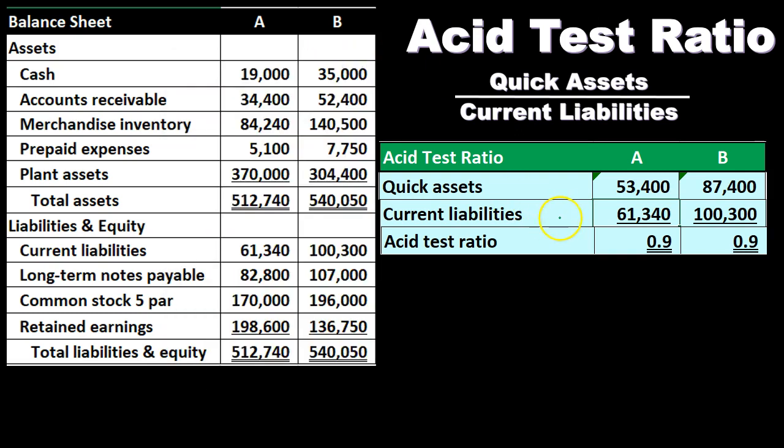So this means that we can't even pay off one time the current liabilities with the quick assets. May not be a huge concern because we do hope to sell some of the inventory. But just keep that in mind, obviously, that's what this means. This number will always be less than the current ratio because we're making a more stringent test for the quick assets. In other words, the numerator will be smaller, the denominator will remain the same.